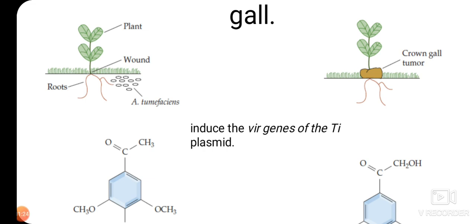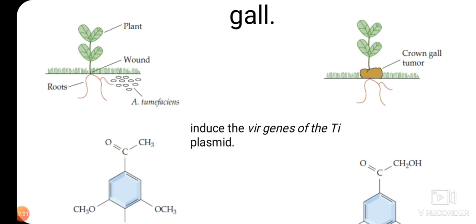This Ti plasmid has the DNA called tDNA, which can transfer itself into the plant chromosome, get into the plant nuclei and insert itself into the chromosome of the plant, and start producing cytokinin-like substances, which make the infected plant cells multiply rapidly and develop into gall-like structures. That's why people call it crown gall disease.